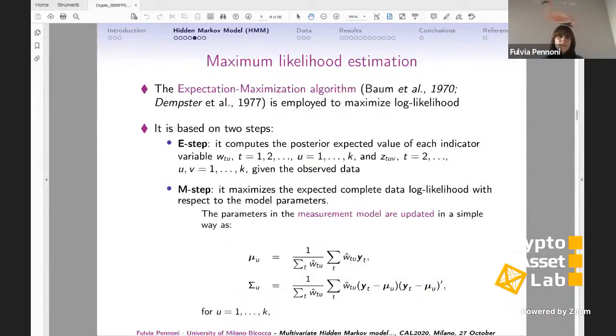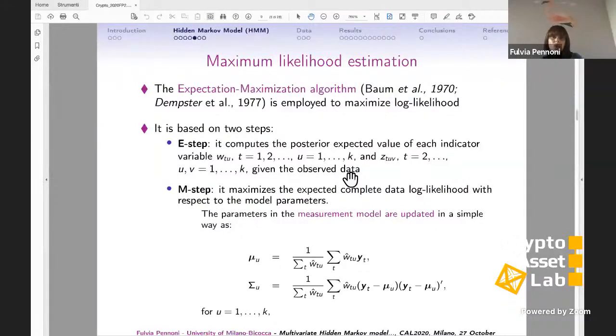I will skip some details, just to say that within this estimation procedure we need to account for the 2 steps of the algorithm. The expectation step computes the posterior expected value of each indicator variable W_tu and Z_tuv given the observed data.